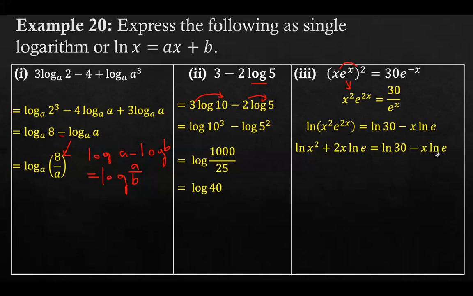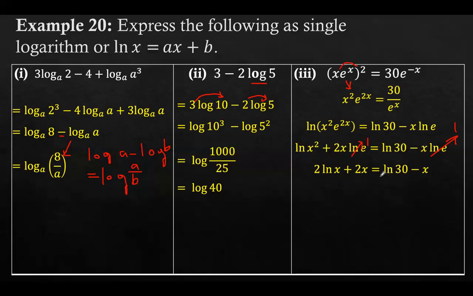Then the 2, you bring to the front, becoming 2 ln x plus 2x. Why 2x? Because ln e becomes 1. This one is also 1. Therefore you get 2 ln x plus 2x equals ln 30 minus x.